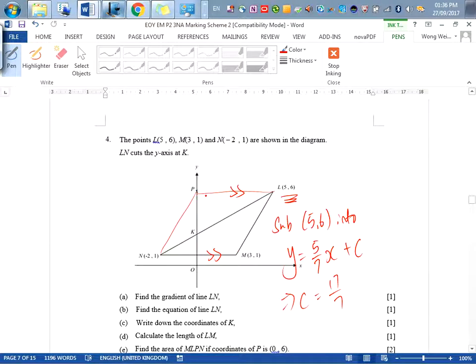Or I can use my diagonal theorem. I find out the distance over here, compare it to this one. If they are the same length, then I know it is a parallelogram. If all 4 are the same length, then it's a rhombus. If only these two are the same, then it's a parallelogram. Okay?